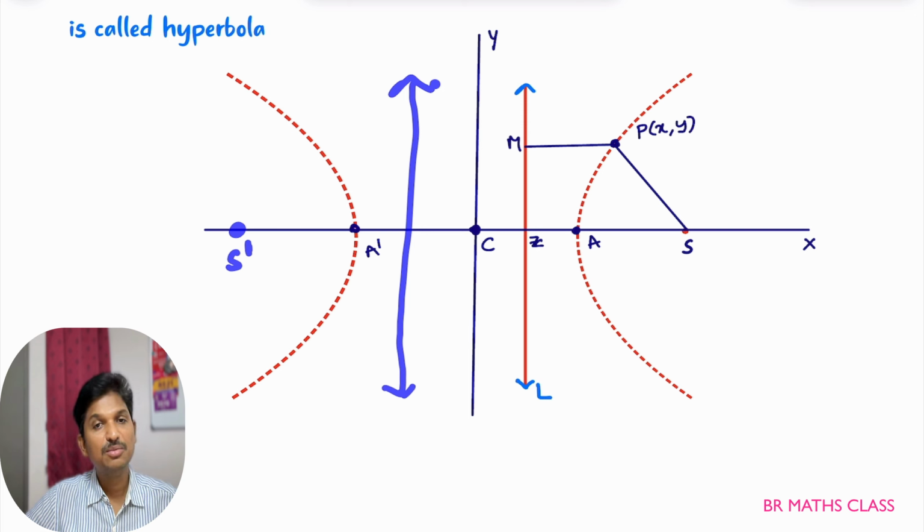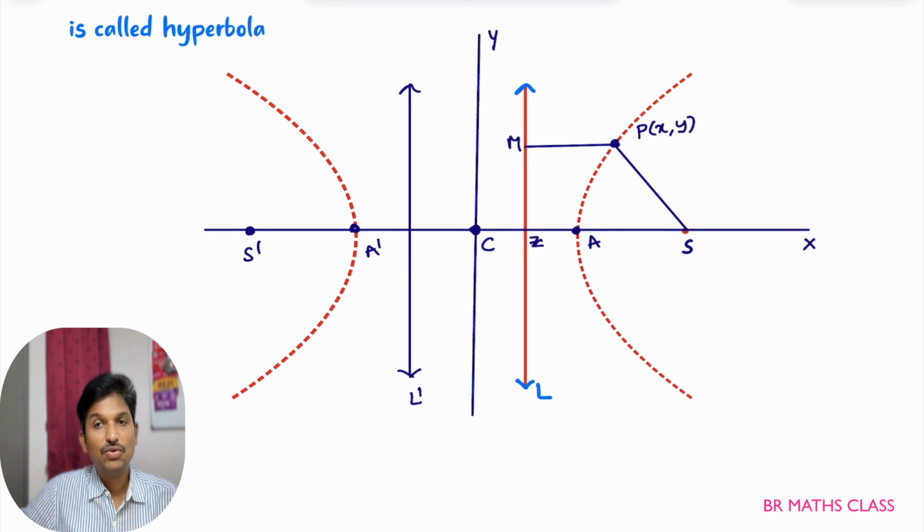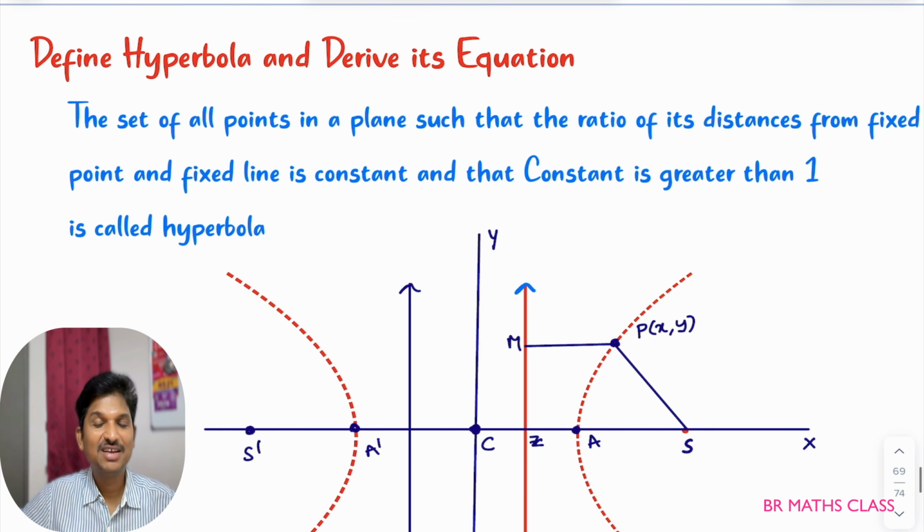So because of this symmetry, this hyperbola will have two focuses. We call them foci. So S and S dash are the foci of the hyperbola, and these L and L dash are the directrices of the hyperbola. So hyperbola will have two foci and two directrices. I hope you understand this.